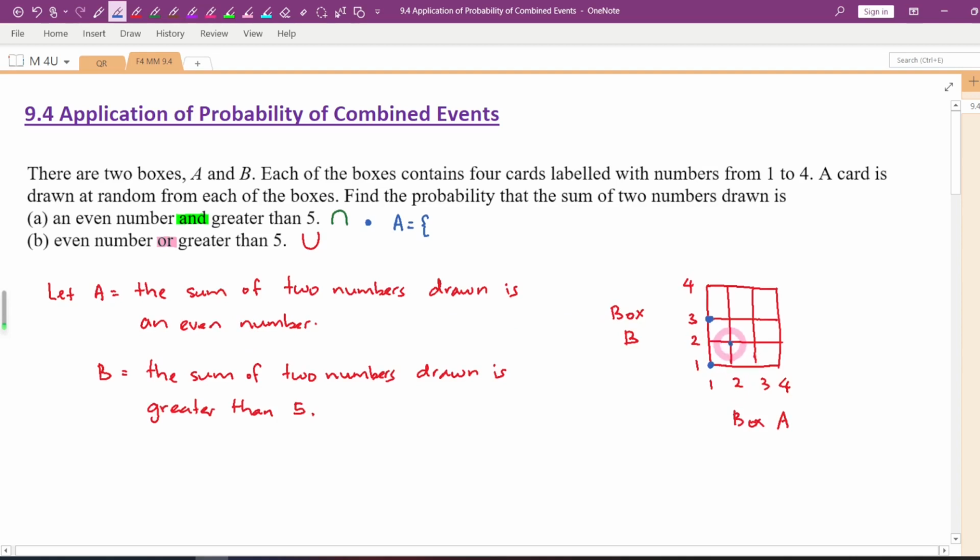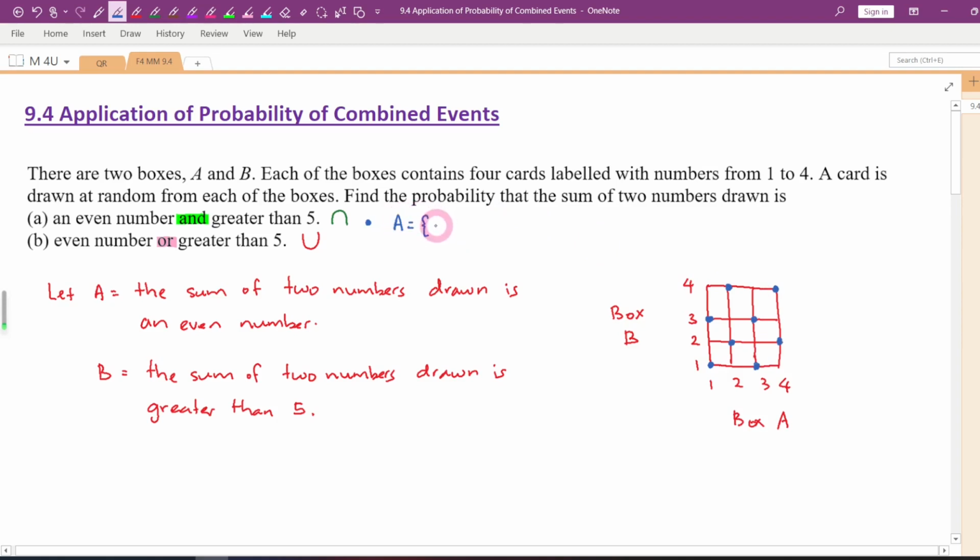So 2 plus 2, 2 plus 4. Okay, this 3 need to pair with 1. 3, 3. Okay, 4 paired with 2 and 4 paired with 4. You will notice that the sum of all this combination, for example, 1 plus 1, 1 plus 3, 2 plus 2, 2 plus 4, and so on, all will be equal to an even number.